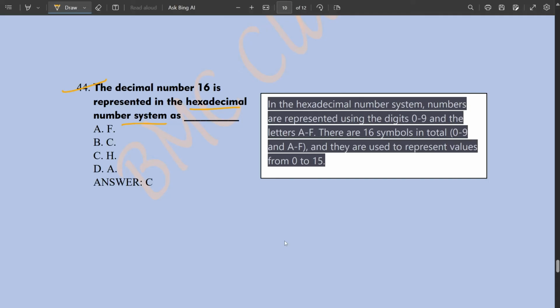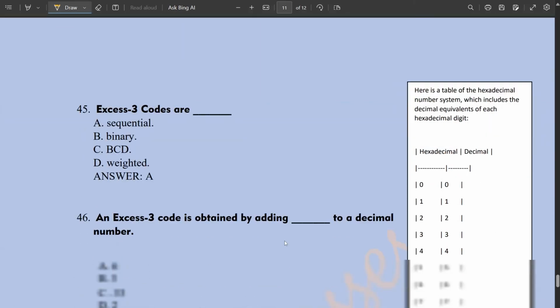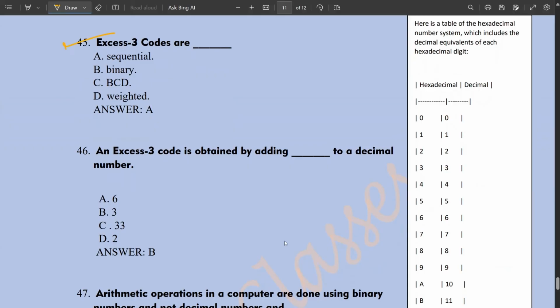Again, the answer will be H. Okay. In the hexadecimal number system, numbers are represented using the digits 0 to 9, and then A to F. There are 16 symbols in total, 0 to 9 and A to F, and they are used to represent values from 0 to 15.